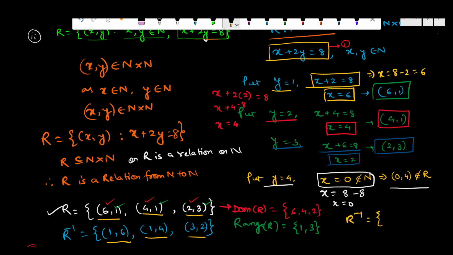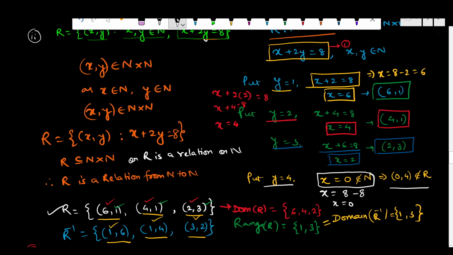Here the domain of R inverse is the set of all first components, 1, 2 and 3, which you can clearly see is equal to the range of R. Similarly, if you find the range of R inverse, this will be equal to 6, 4 and 2, which equals the domain of R.